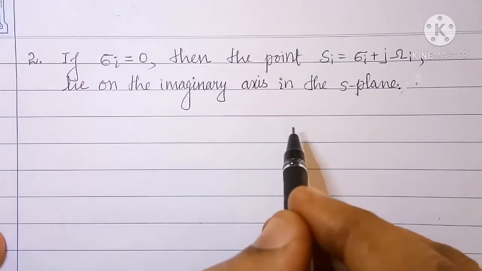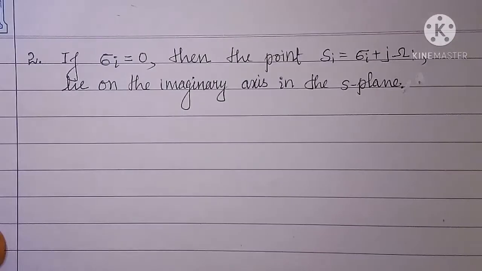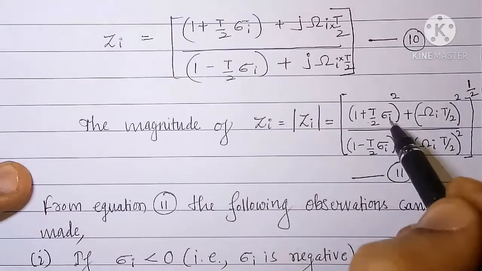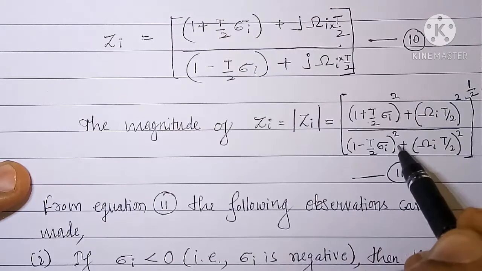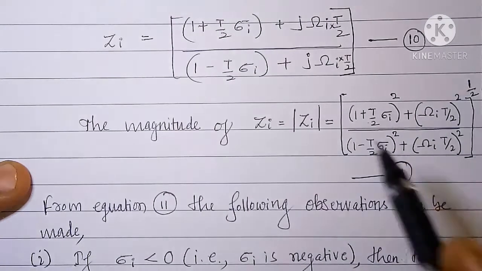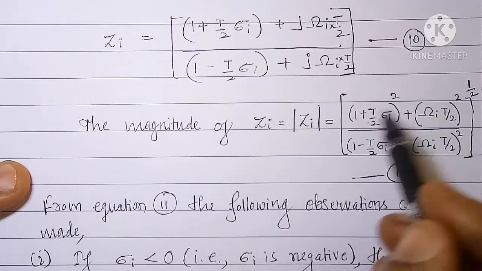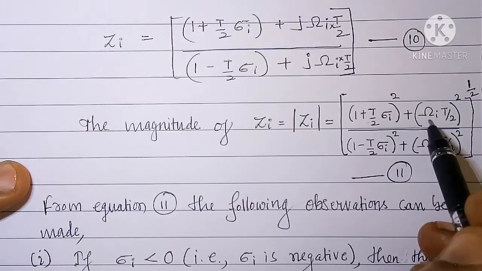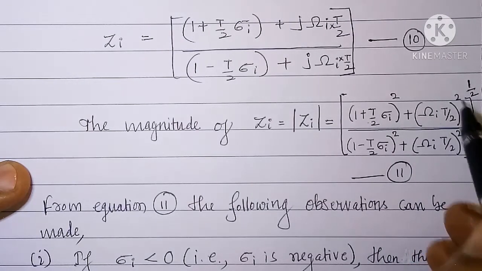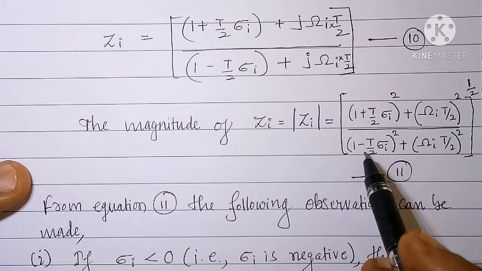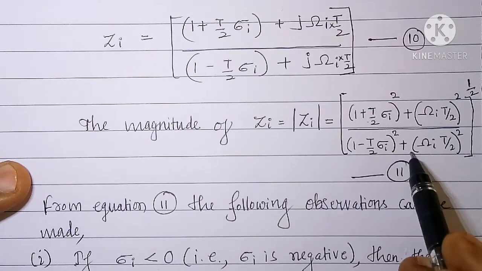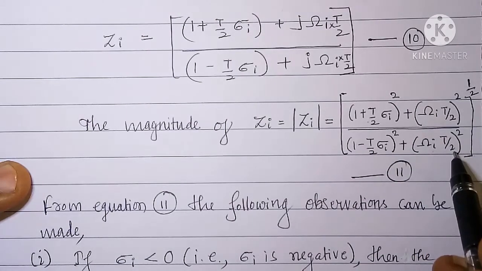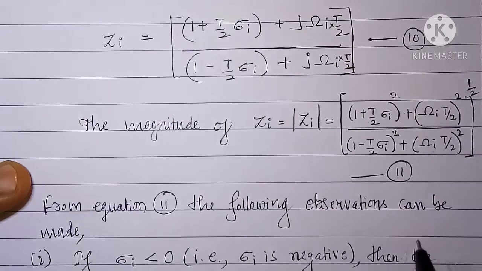Now if we look at magnitude of Zi, for sigma I equal to 0 in numerator and denominator, we get 1 square plus (omega I capital T by 2) whole square and 1 square plus (omega I into capital T by 2) whole square.